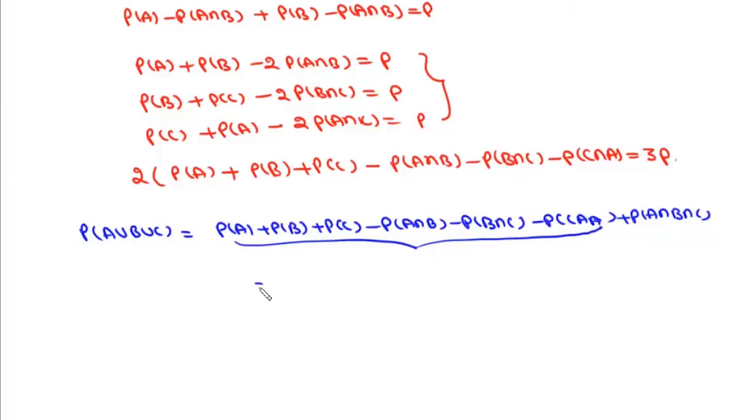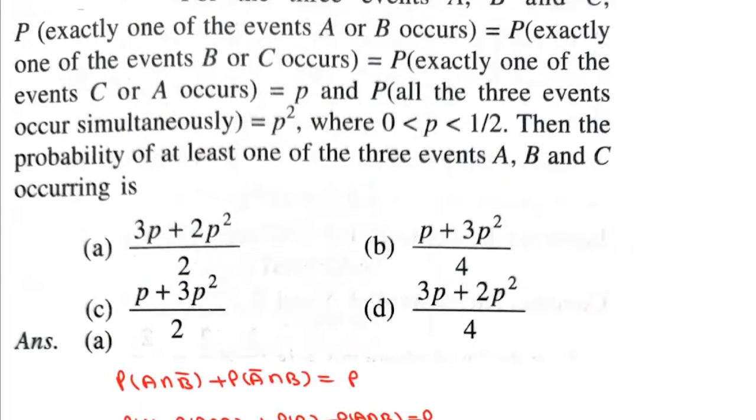This is 3P by 2. So we can write this as 3P by 2, and the probability that all three occur simultaneously is given in the question as P square. So this probability will be P square plus 3P by 2, which is your option A.